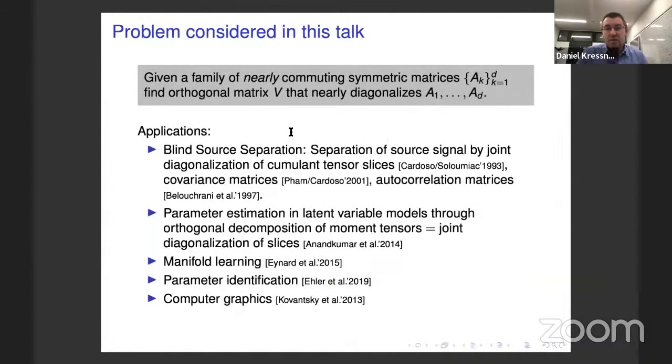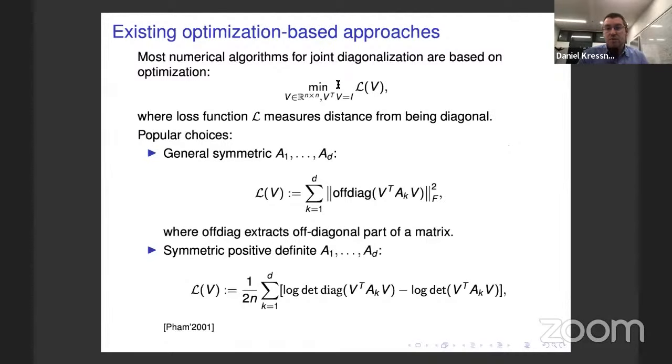Most existing algorithms for this problem, not all, but I would say almost all, are based on optimization. It's saying, well, maybe this is not such a nice, neat linear algebra problem. Let's just take a step back and formulate an optimization problem which aims at addressing this problem. So you would optimize over all orthogonal matrices, on the manifold of n times n orthogonal matrices.